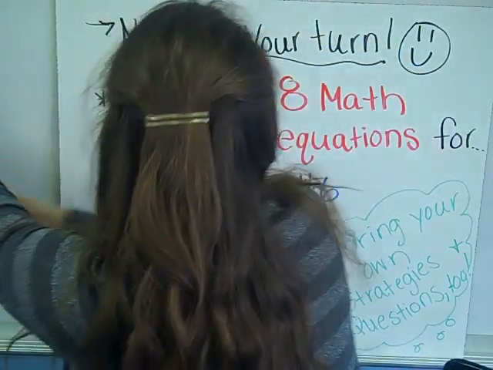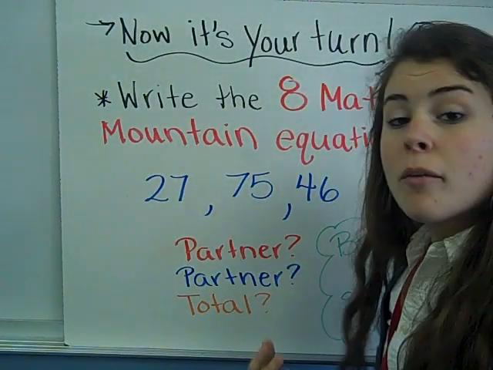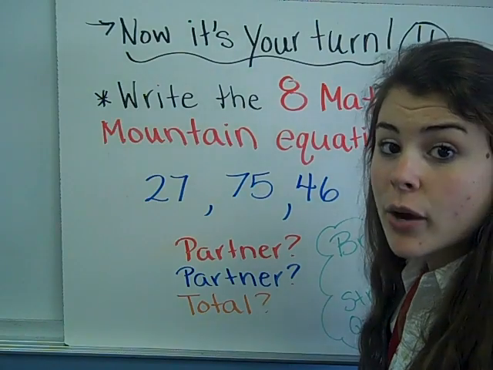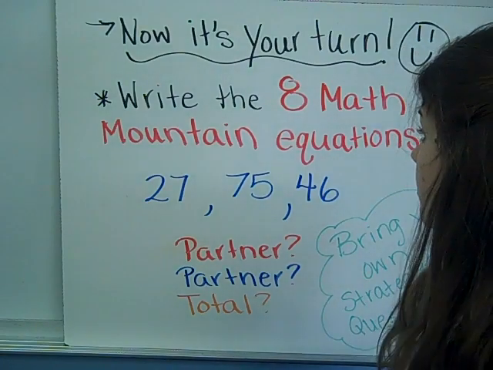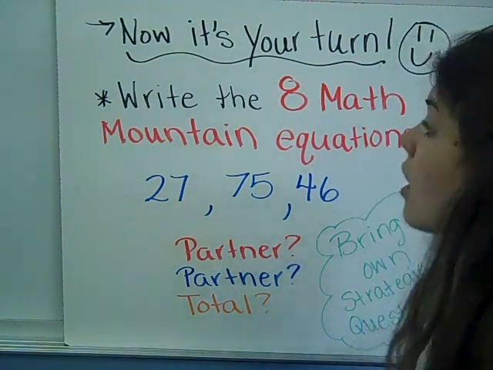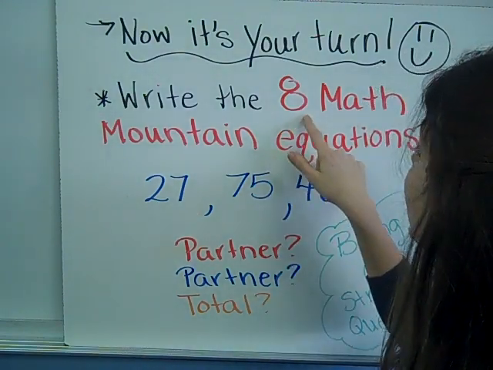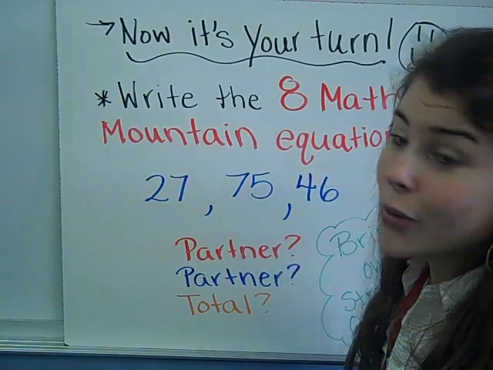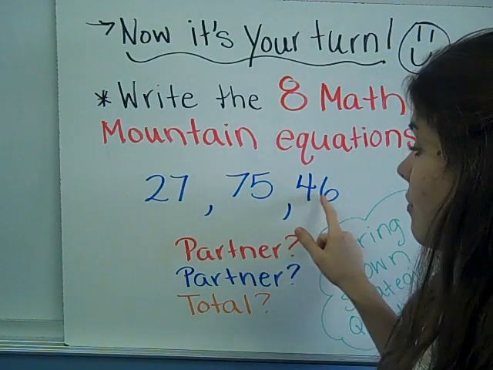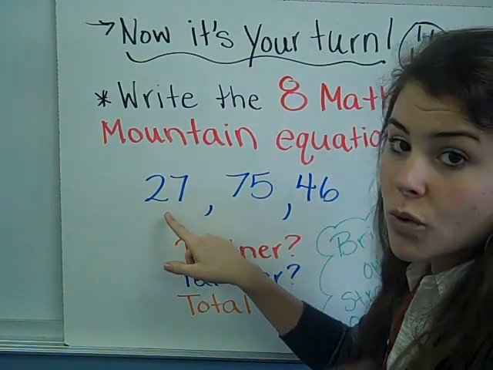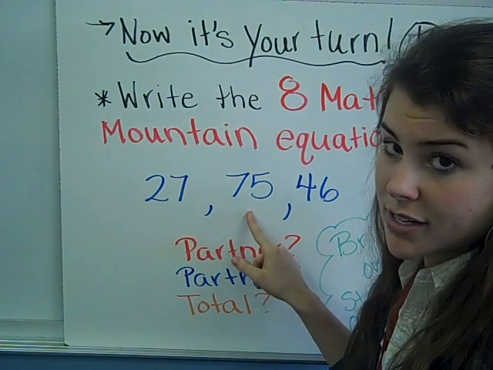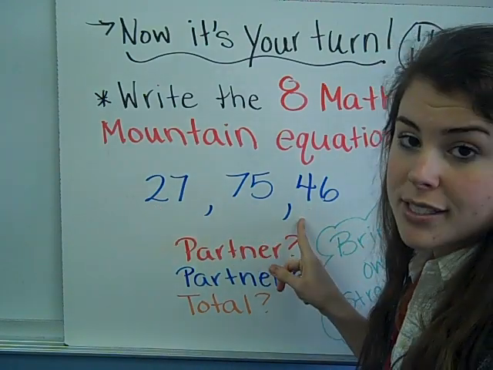Move that board over. Okay. Now, you saw me make 8 different equations using one Math Mountain. Now, it's your job. On your practice problems, part of your homework guide, write the 8 Math Mountain equations for these 3 numbers, okay? Your numbers are 27, 75, and 46.